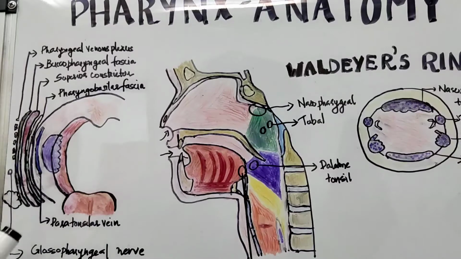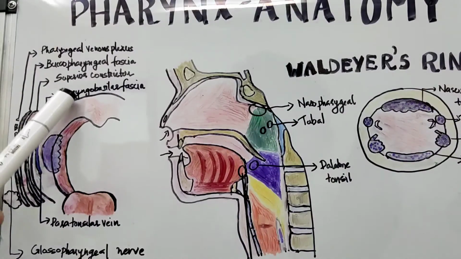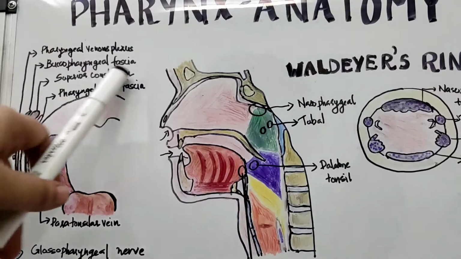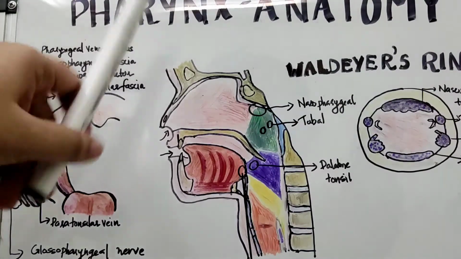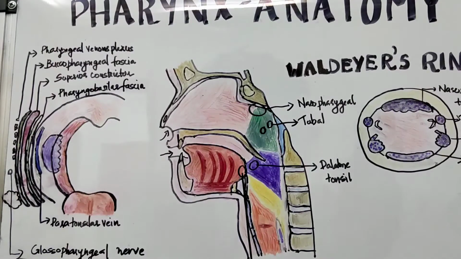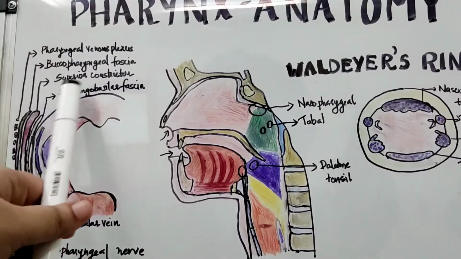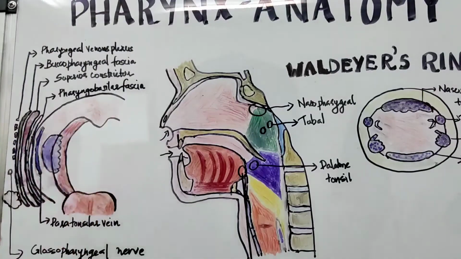The structures involved in the formation of the tonsillar bed are the pharyngobasilar fascia, the superior constrictor muscle, the buccopharyngeal fascia, the pharyngeal venous plexus, and also the glossopharyngeal nerve.